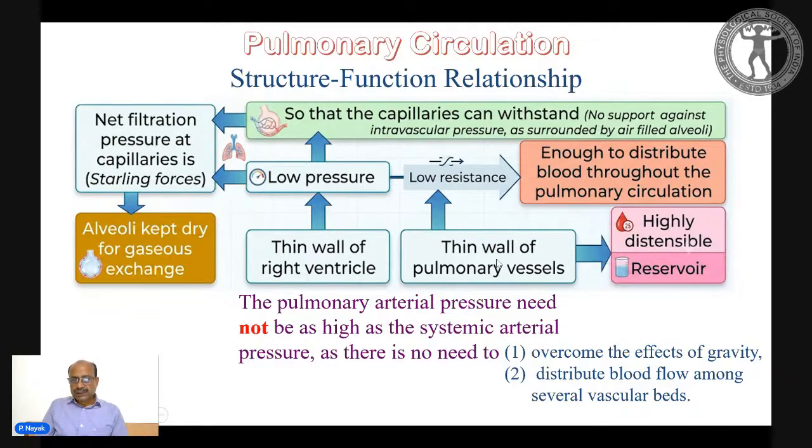These thin-walled pulmonary vessels are highly compliant. Already we have seen that compliance, it is highly compliant because it is thin walled, and highly distensible. As a result, it can act as a reservoir.